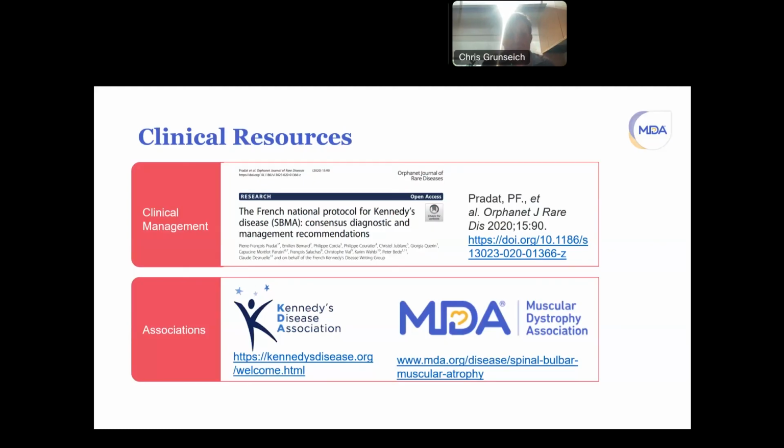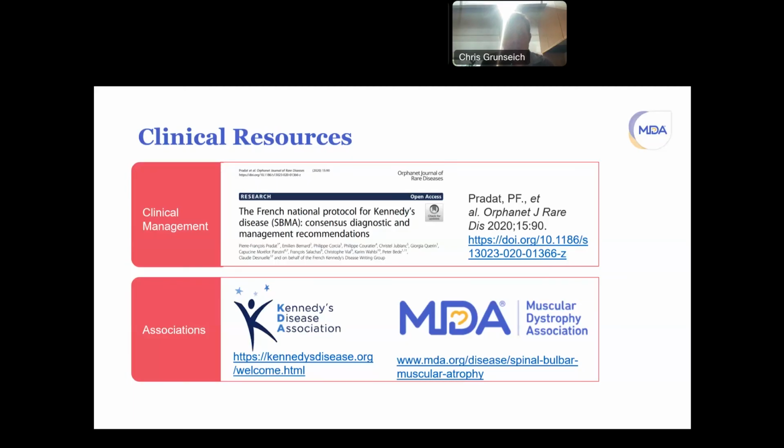In addition to what we discussed today, I would encourage you to look at this document that was published in the OrphanNet Journal of Rare Diseases. And it has very useful recommendations that you can take to, if you're a patient and you want to bring this to your neurologist, I would encourage you to do so. Or if you're a neurologist and taking care of a patient with SBMA, I would encourage you to look at this document.